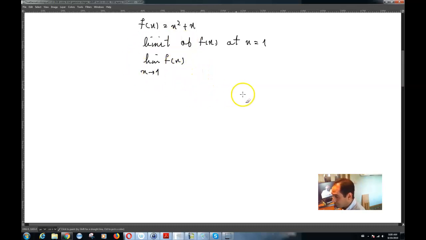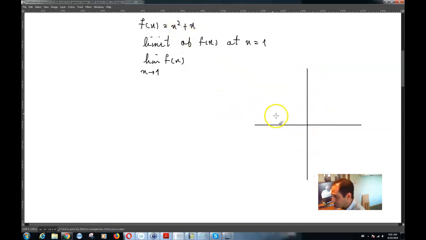In order to do that, first you need to find out what this function looks like, and to do that you need to plot a couple of points on the graph of the function.